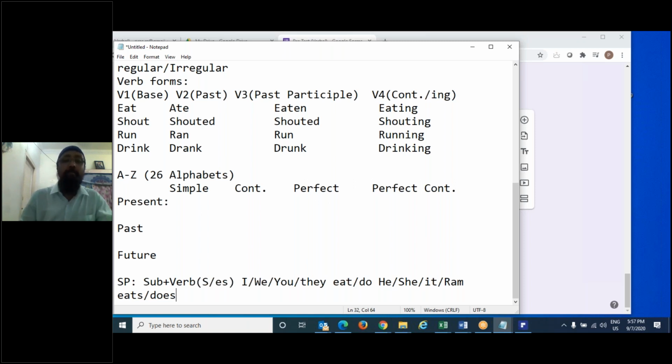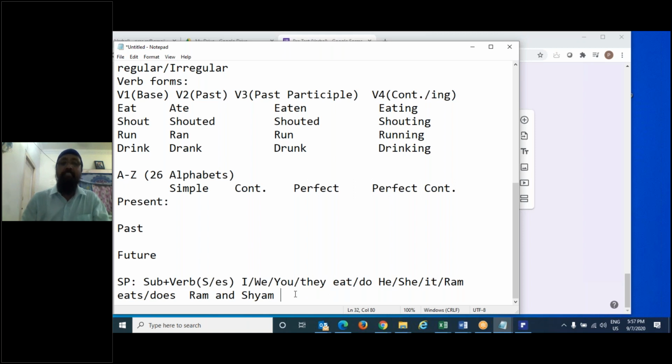At the same time, I would also like to tell you here, because I said noun singular, Ram is a singular noun. So in place of Ram, we will use he, right? But when it becomes Ram and Sham, it is referring to they.